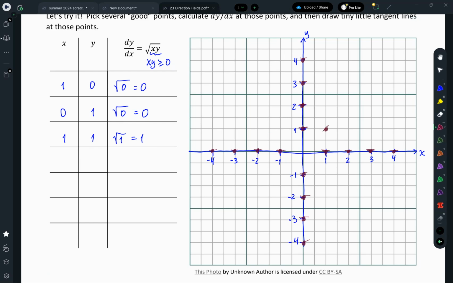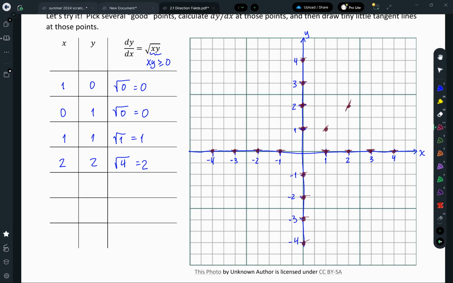Let's say if I went to 2, 2. At 2, 2, I get the square root of 4, which is 2. So I'm going to go to the point 2, 2. Now my slope is greater. So there's more of a slant to it than there was at 1, 1. And something similar will happen at 3, 3 and 4, 4.